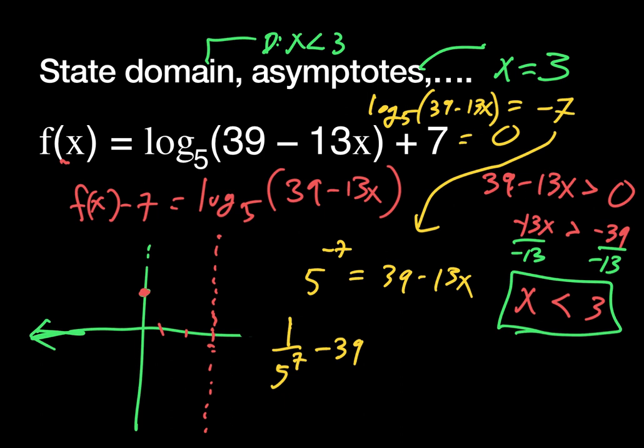Minus 39 equals negative 13x. Divide by negative 13. x will equal all of this divided by negative 13.